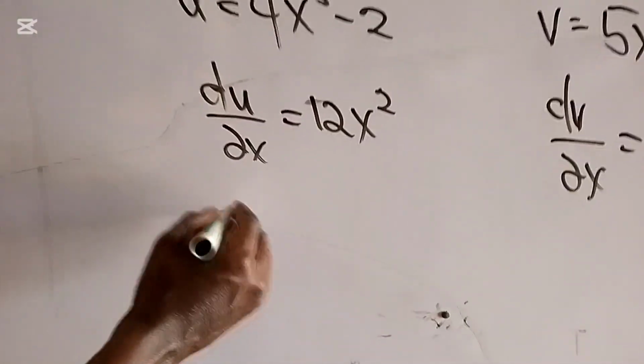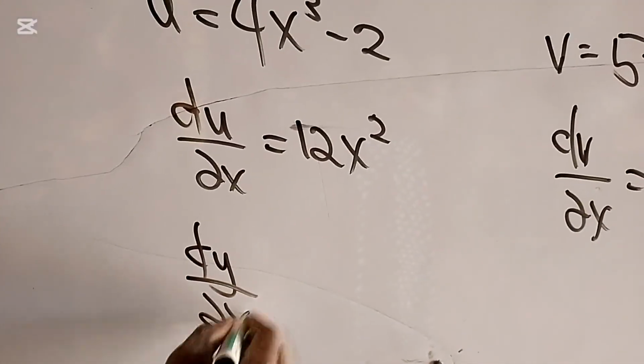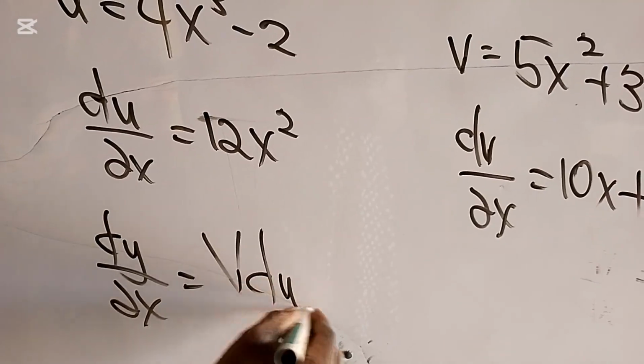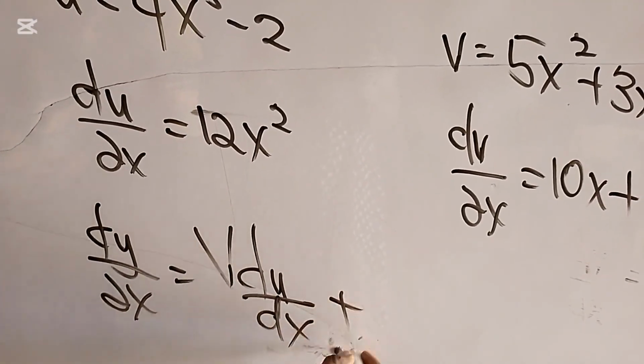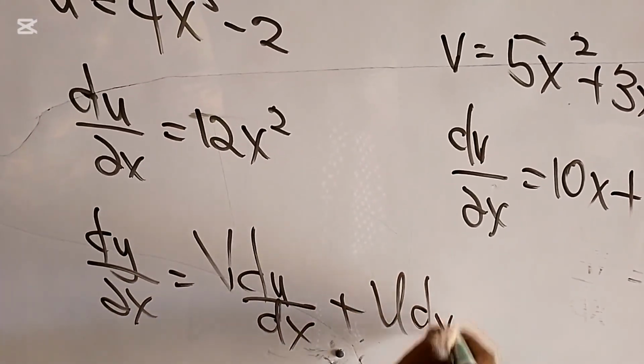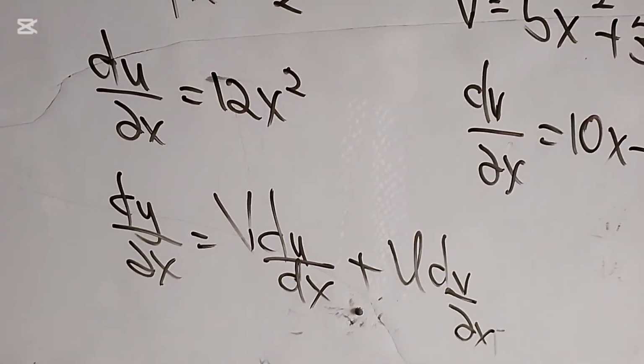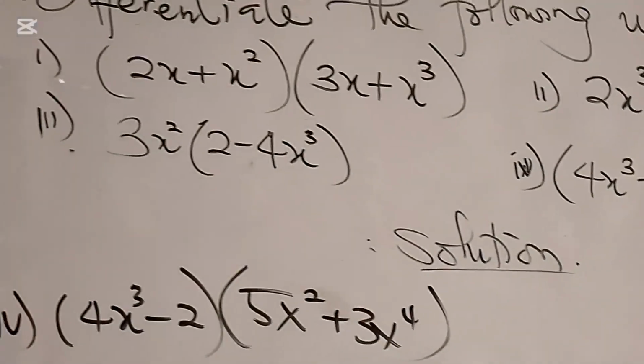So our dy over dx, we state the product rule formula, which is v du/dx added to u dv/dx. So now we do the substitution.